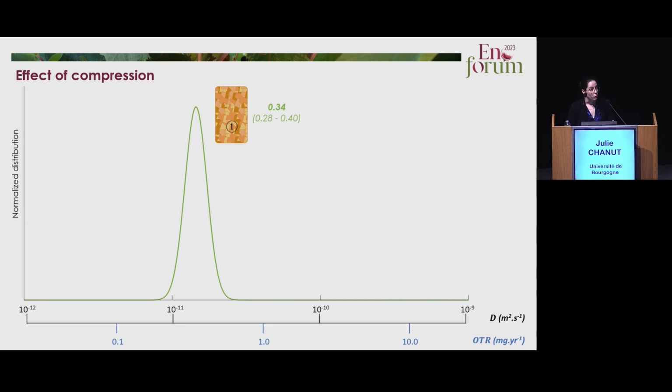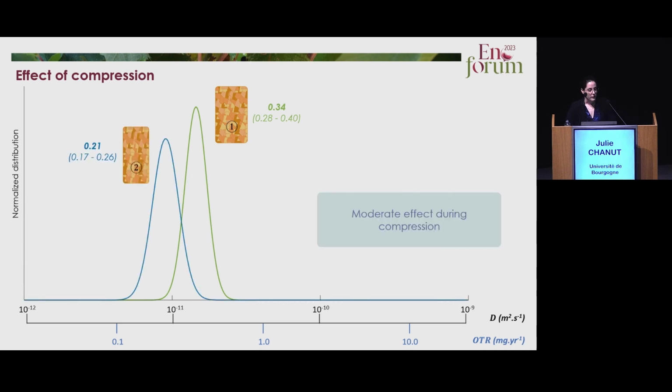We have the OTR value, which is approximately 0.3. And then we have a distribution which boasts homogeneous values, minimum 0.28 to 0.4.